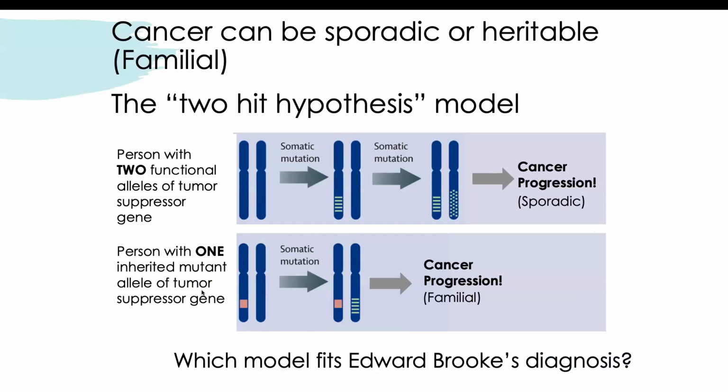And this is the two-hit hypothesis model of cancer prognosis. Cancer can either be a sporadic occurrence or it can be familial, which means you inherited a gene that was broken, an oncogene. So with individuals that have the familial inherited version, they will get a broken copy from one of their parents, but they typically won't get cancer from just that alone.